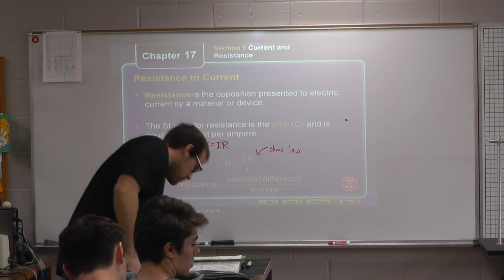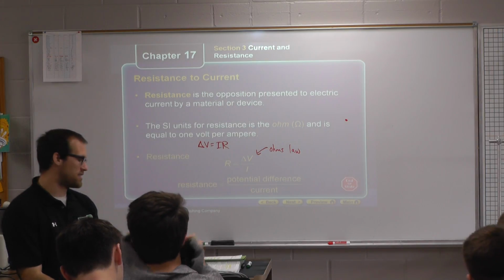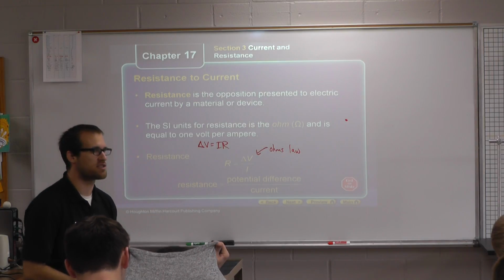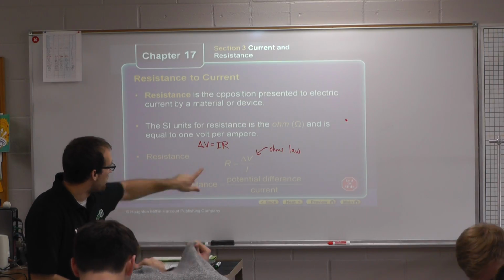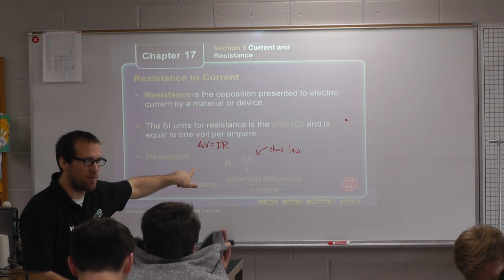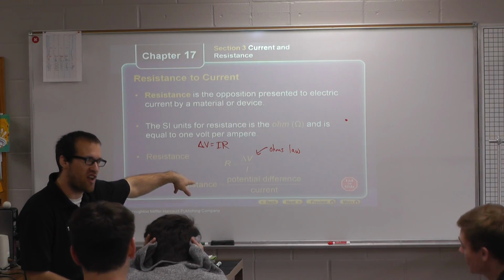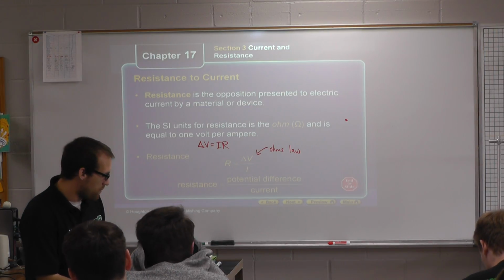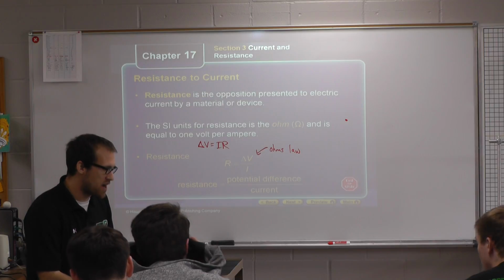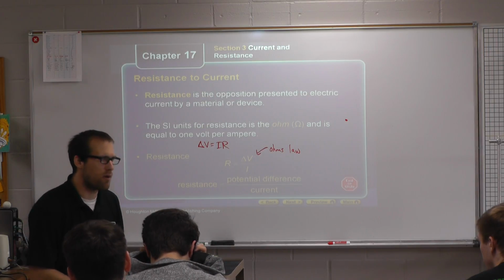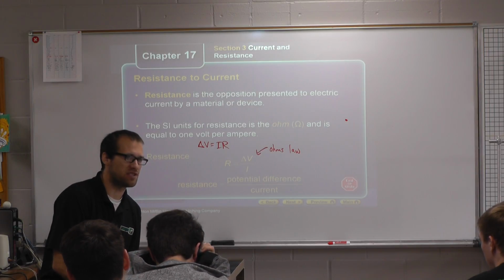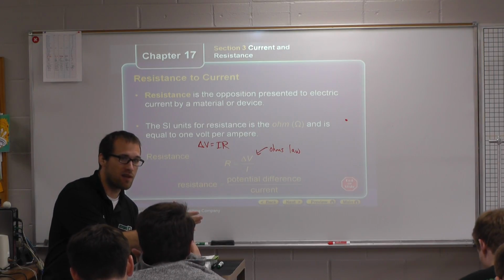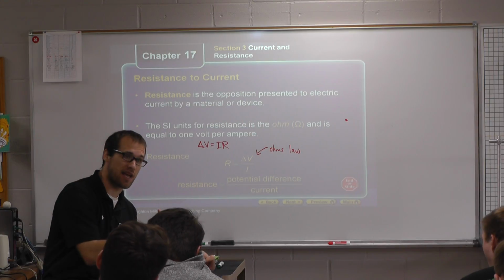Now, the current of a light bulb, listen up here. The current of a light bulb depends on a potential difference across the power source. So the voltage helps determine the current, but it's not the only factor that affects it. Okay? So a 9-volt battery is going to give you greater current than a 6-volt battery, assuming you use the same material that you were transmitting that current through, assuming all the other conditions were the same.